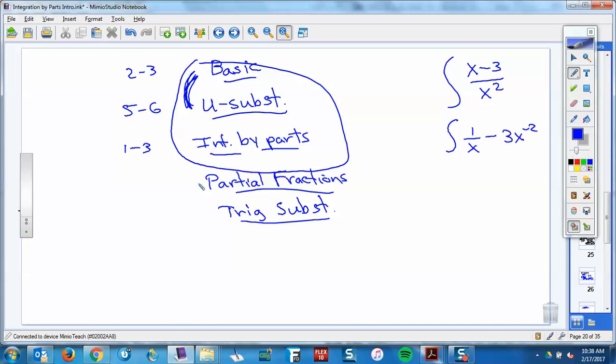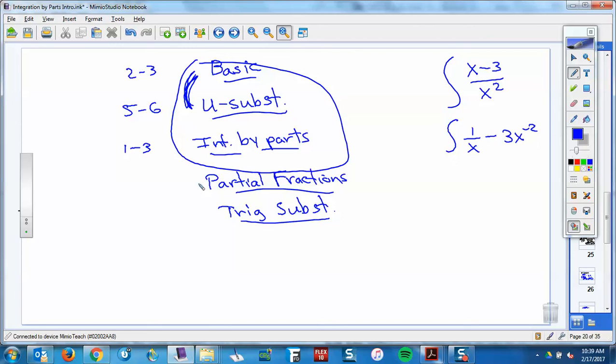Doesn't it make sense that when we do one of these techniques and it gives us a new integral, it's possible that that new integral will need to be done by one of the other techniques?